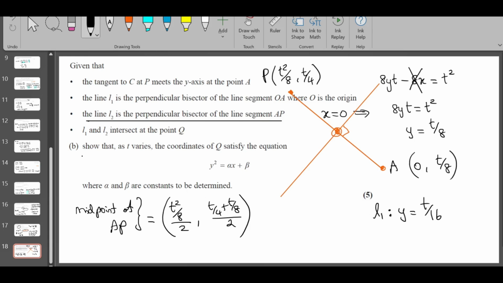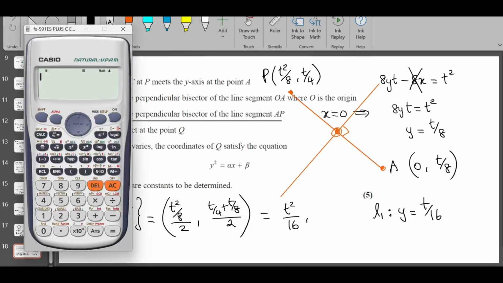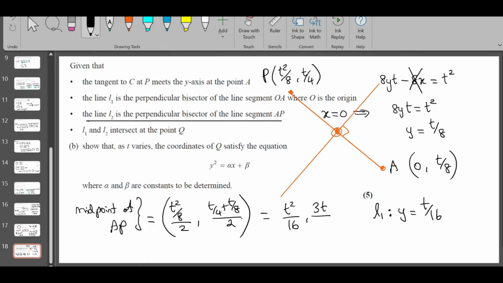So this is going to be t square over 16 comma, let's calculate this without t, 1 over 4 plus 1 over 8 divided by 2. So it's 3t over 16. That's the midpoint.